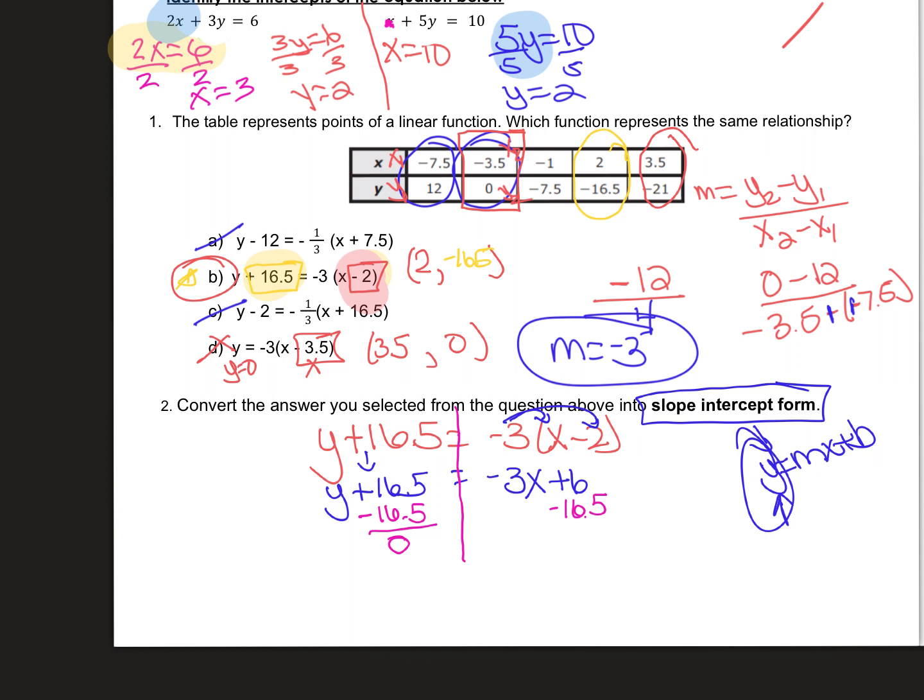I'm not going to line it up. They're not like terms with the x, so I cannot subtract that. And then from here, I'll just bring it down. So I'm bringing my y down. And then 16.5 minus 16.5, that is 0. Here is my equal. Nothing with that -3x, so that is simply going to be brought down.